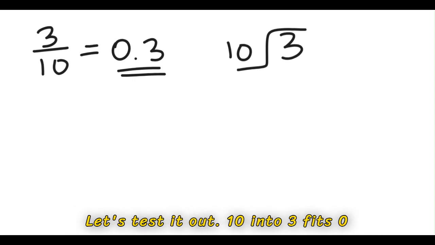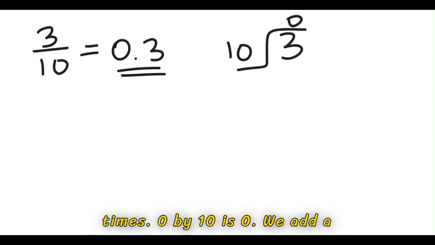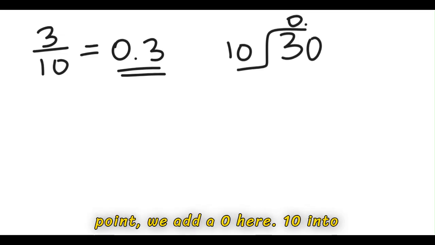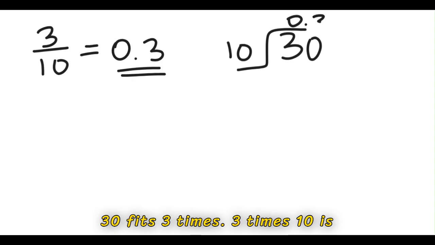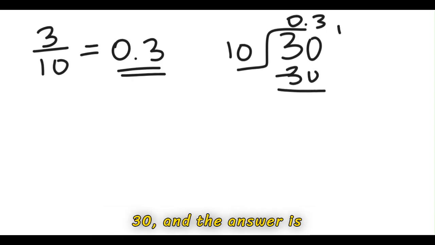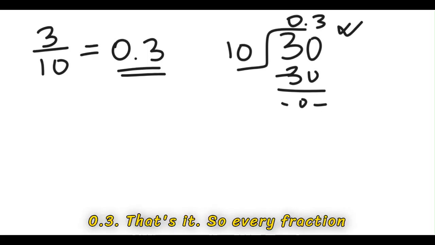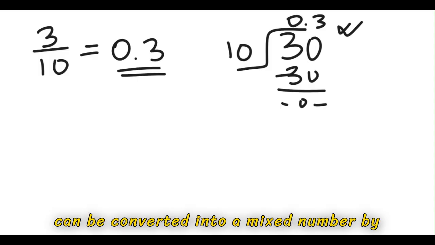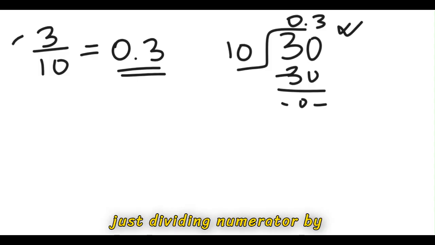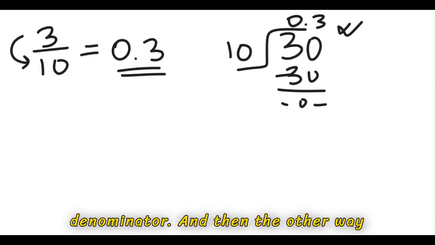Let's test it out. 10 into 3 fits 0 times. 0 times 10 is 0. We add a point, we add a 0 here. 10 into 30 fits 3 times. 3 times 10 is 30, and the answer is 0.3. That's it. So every fraction can be converted into a decimal number by just dividing the numerator by the denominator.